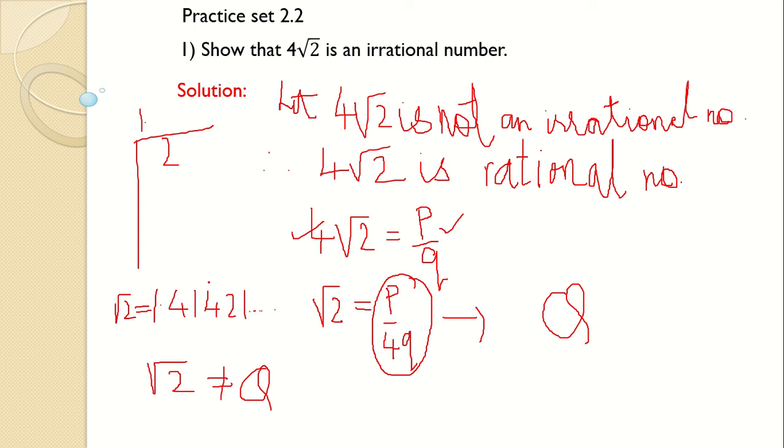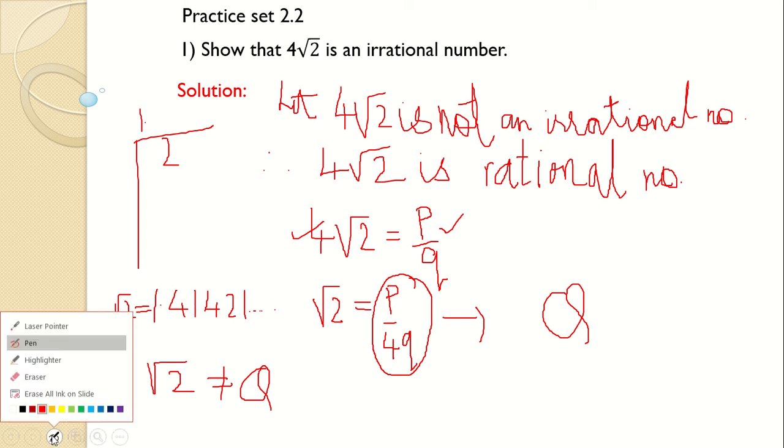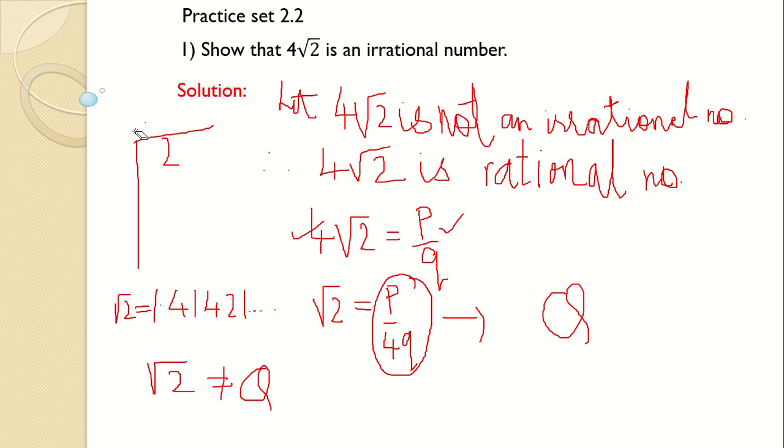This decimal representation is non-terminating and non-recurring, so we know definitely root 2 is an irrational number.